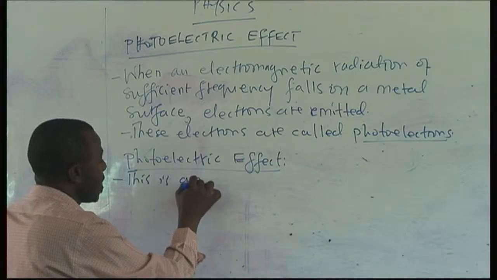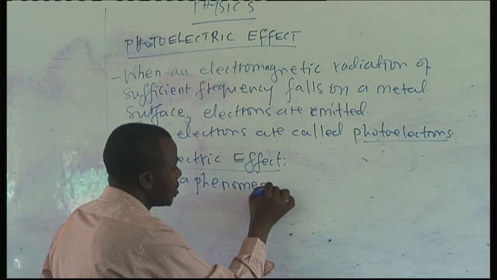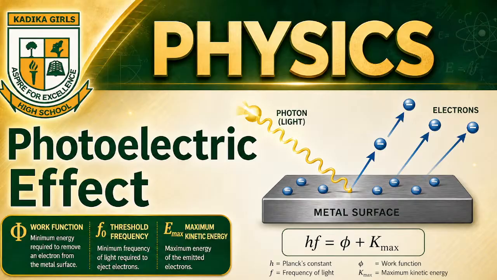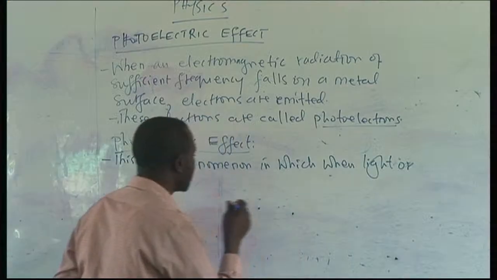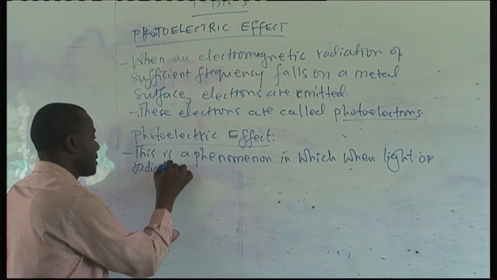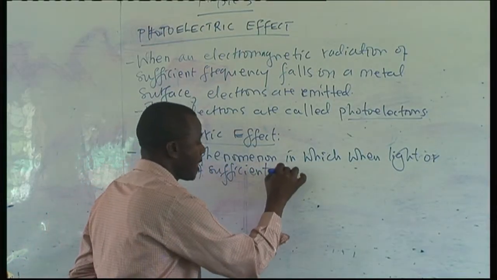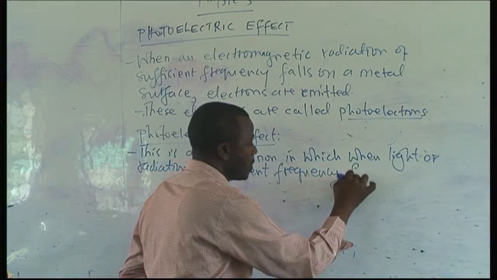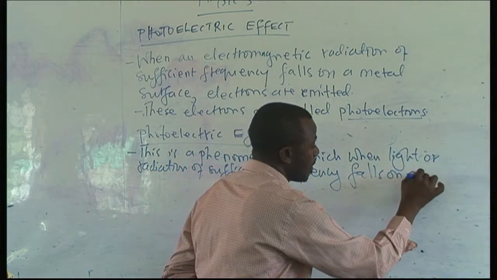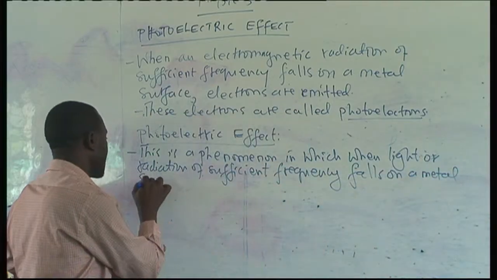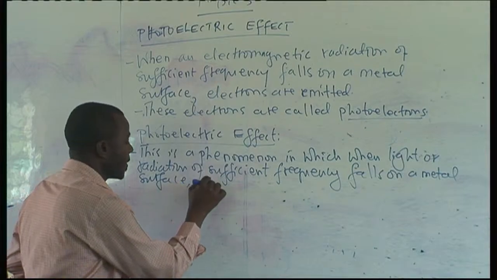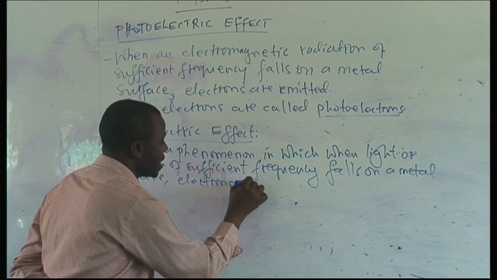This is a phenomenon in which when light or radiation of sufficient frequency falls on a metal surface, electrons are emitted.